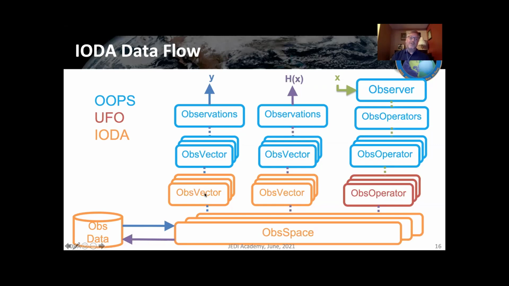You can get another set of obs vectors that are the original observations, or the y vector, and then the OOPS system can make a departure, which is y minus h of x, and then go through the DA algorithm. And then also these obs spaces can write out to a disk to save data for diagnostics later.